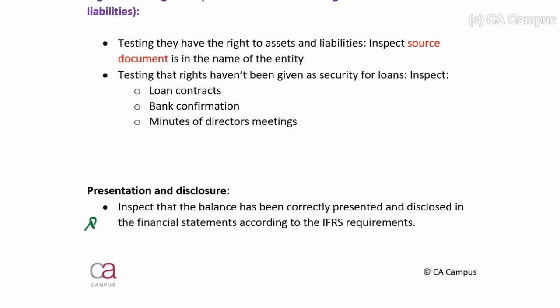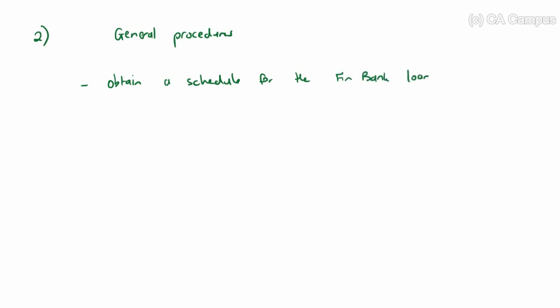Okay, so let's go and set out the solution. I'm doing question 2. And I automatically start with my general procedures. So I'm going to ask for a schedule or a listing for this loan. So obtain a schedule for the FinBank loan for the year ending.